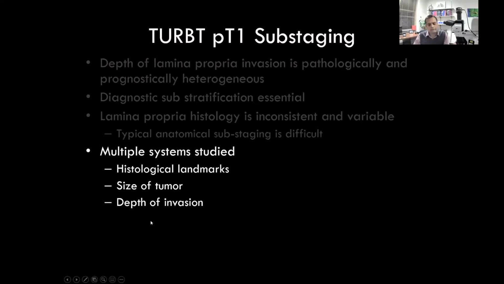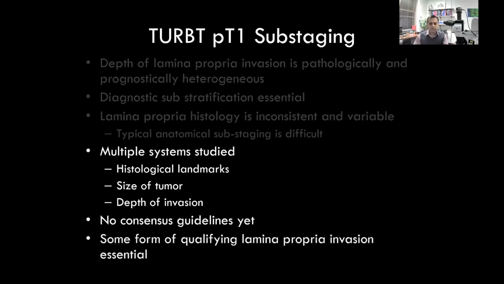And finally, people have also studied depth of invasion. However, because of various issues, there are no consensus guidelines yet. But it is important to understand, because of the heterogeneity in prognosis, we have to indicate some form of qualification to the lamina propria invasion.